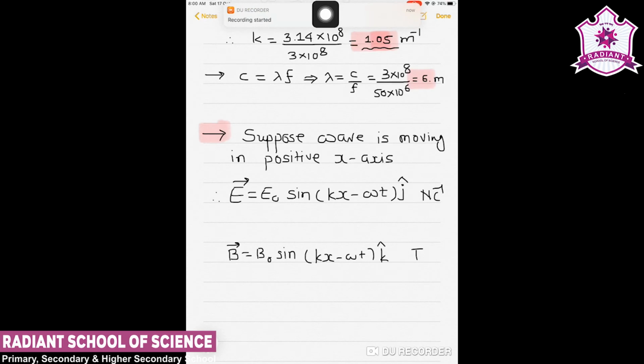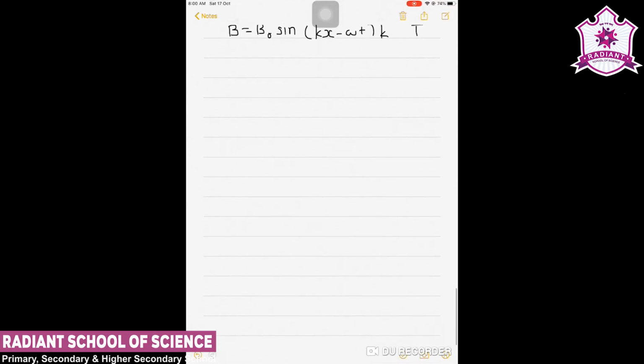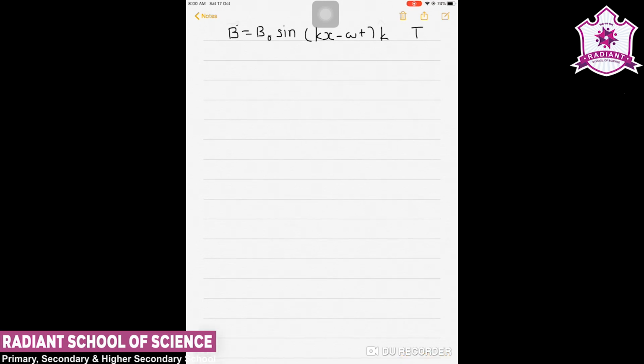Dear friends, now we will see exercise example number 10. That is the last example of the exercise in the regular part. Exercise example number 10: it is given that in a plane electromagnetic wave, the electric field oscillates sinusoidally at a frequency of 2 into 10 raised to 10 hertz.